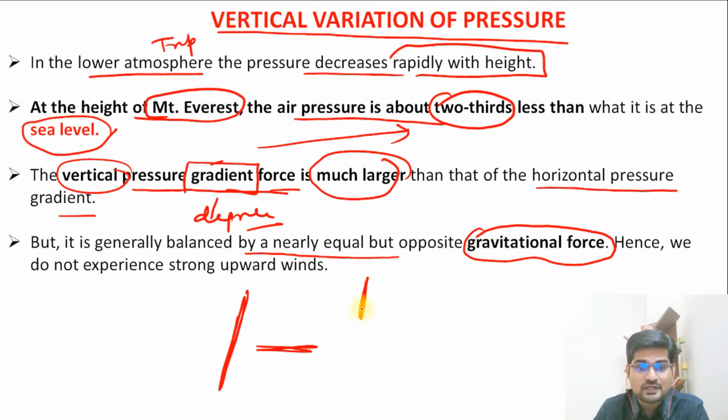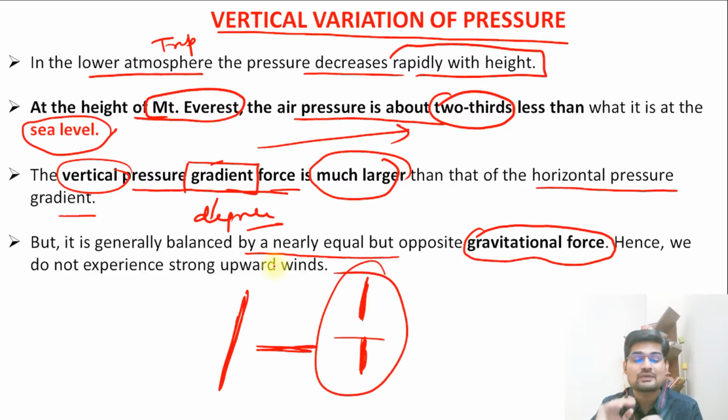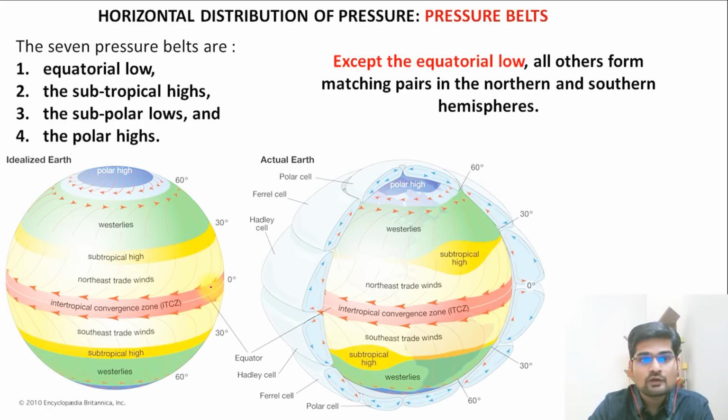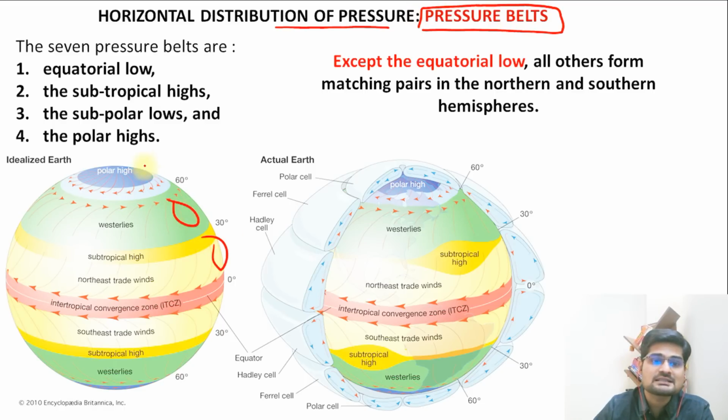So remember, this pressure is balanced by the gravity force, and that is how it is kept in balance on the earth. That's why we do not experience strong winds upwards, right? It is a balance between the gravity and the vertical gradient force. So let's understand further. Now, when we look at the horizontal distribution of the pressure through these pressure belts, remember, we have already learned about these temperature belts, right?